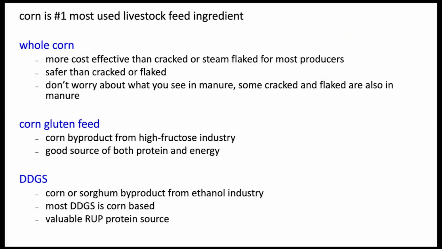And some people say, well, why do they steam flake corn in the feedlots? Well, it's a little different situation. In the feedlots, they have their own flaker there, so they can flake that and immediately feed it to cattle. So the economics are a little bit different. The other thing is they don't have to worry about drying it and treating it so it doesn't mold. If you're trying to buy steam flake corn, it's wet coming out of that flaker.